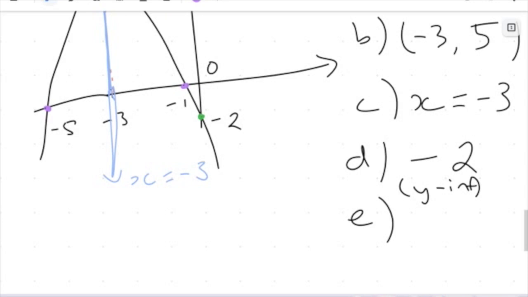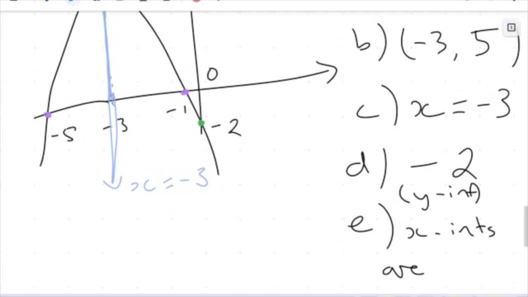Now, this idea we are going to talk about a lot in the next few videos, so just keep it in your mind. Don't dwell on it too much because we are going to cover this idea a lot in future videos. So my x-intercepts are, here we can see -5 and -1.